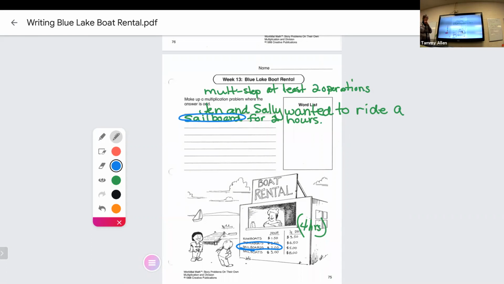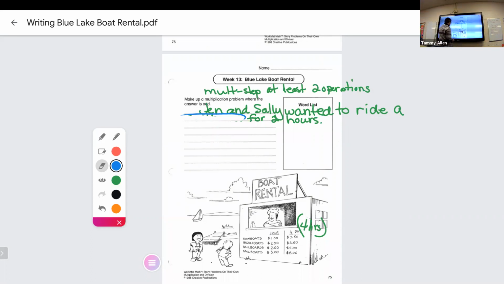So do we want to use sailboards? What might we use instead of sailboats? A rowboat? Rowboats? Okay.